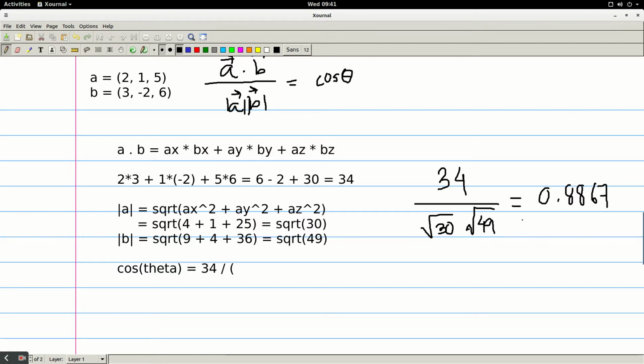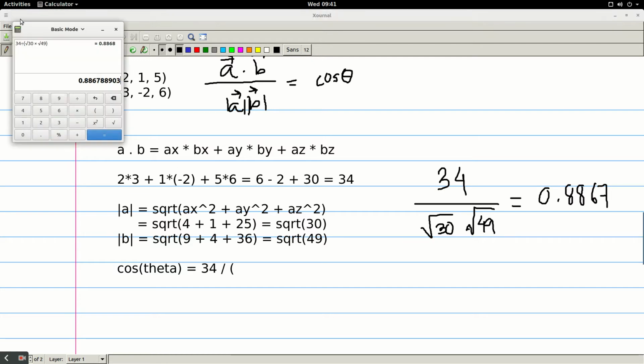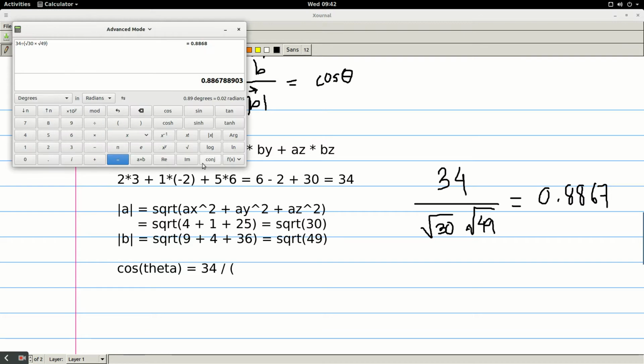Okay, so now we can calculate this. And can we calculate the actual value of theta? Yes, cos inverse. If you go into the advanced mode, you can just go for cos inverse. That's the inverse.